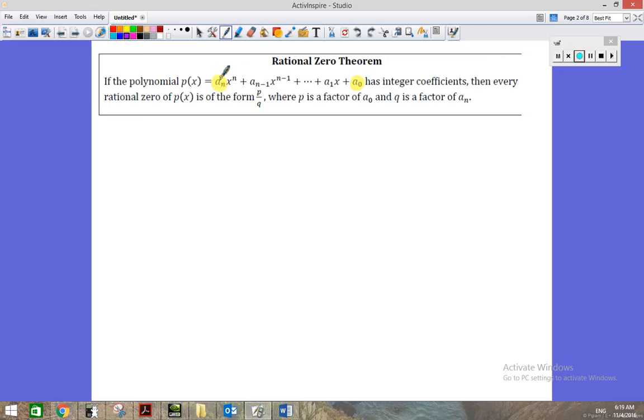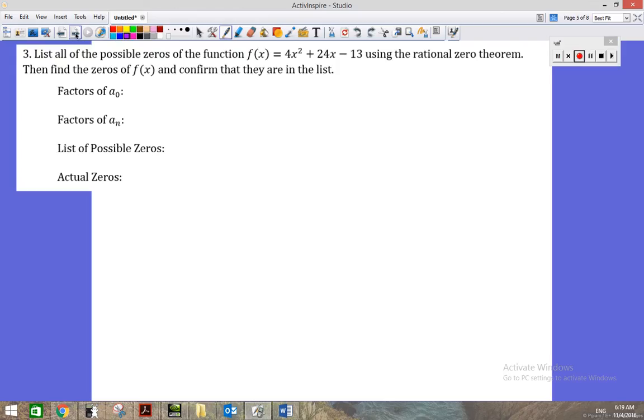A sub n is the coefficient of the x to the nth term. A sub n minus 1 is the coefficient for the n minus 1th term. A sub 1 is the coefficient for the term with degree of 1. So when they say a sub naught, they just want the constant term.